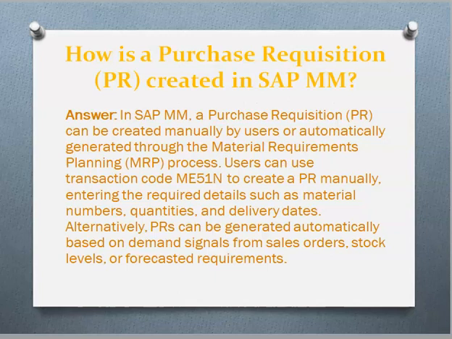Users can use transaction code ME51N to create a PR manually, entering the required details such as material numbers, quantities, and delivery dates. Alternatively, PRs can be generated automatically based on demand signals from sales orders, stock levels, or forecasted requirements.